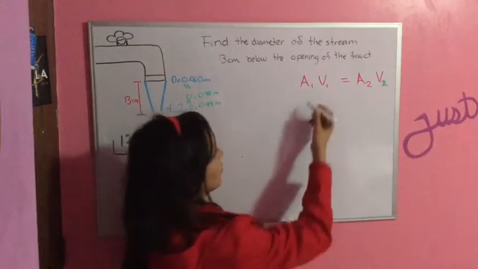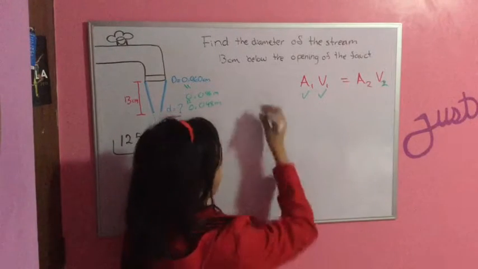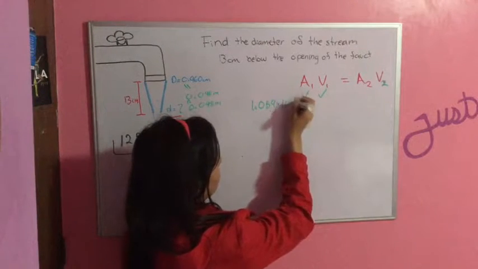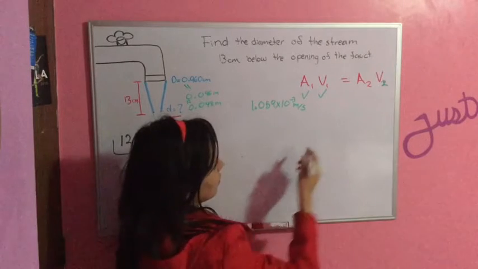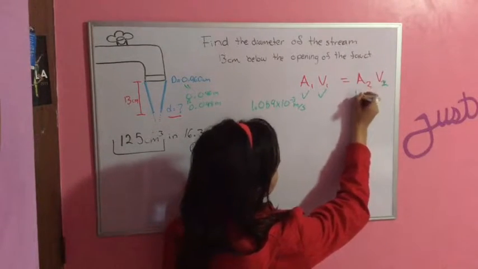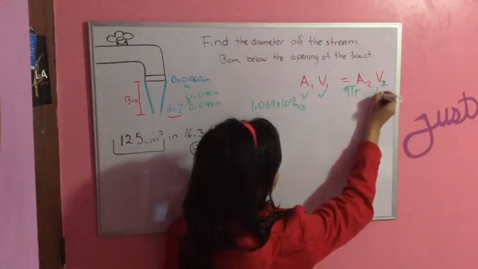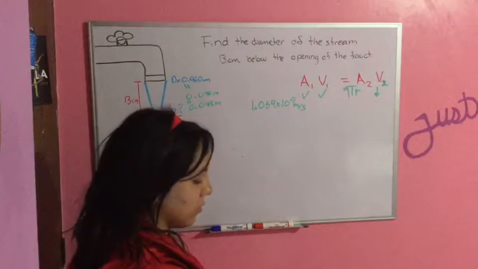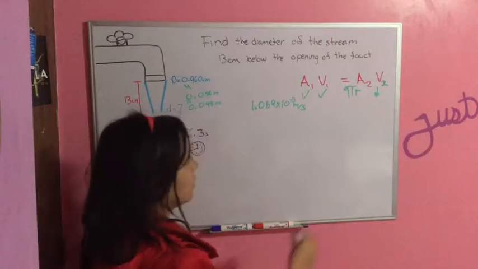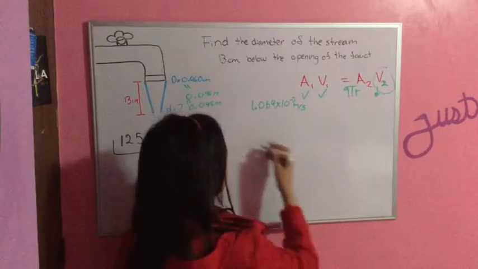So now that we already have this part and the velocity, and we still want to know the radius and this velocity, we have to use a second equation, which is Bernoulli's equation, in order to first get the second velocity and then the radius.